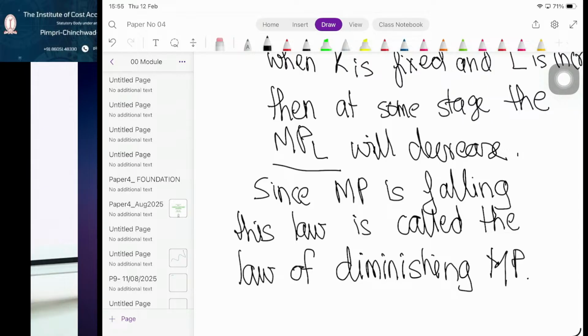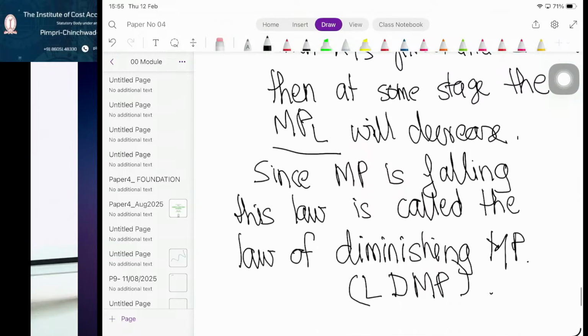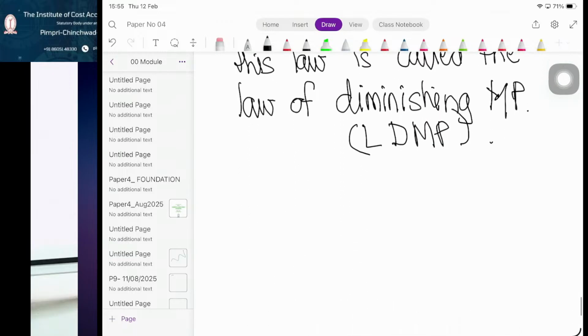It is also called the law of diminishing marginal product. Have you all got this? Online students, have you got the law of diminishing marginal product? Okay, great, thank you. Just let's summarize this law in terms of behavior of marginal product.